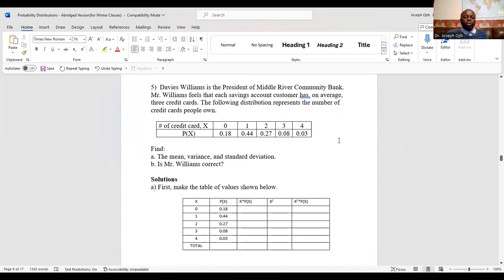The following distribution represents the number of credit cards each person owns. See the number of credit cards X and their corresponding probabilities. 0 credit cards 0.18, 1 credit card 0.44, and so on. It says, find the mean, variance, and standard deviation. Now, is Mr. Williams correct in his claim?